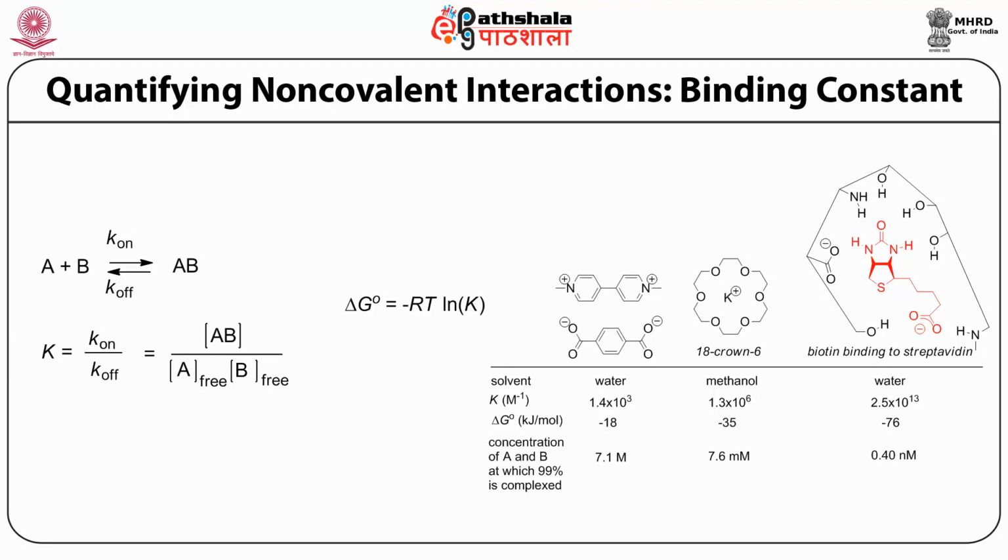And the overall binding constant or association constant K can be given as k_on by k_off, which can be equated to the equilibrium concentration of the complex divided by the equilibrium concentration of A times the equilibrium concentration of B. This K, the association constant, if we plug it into the thermodynamic equation, delta G0 equals minus RT ln K, we can get the free energy of the complex formation.